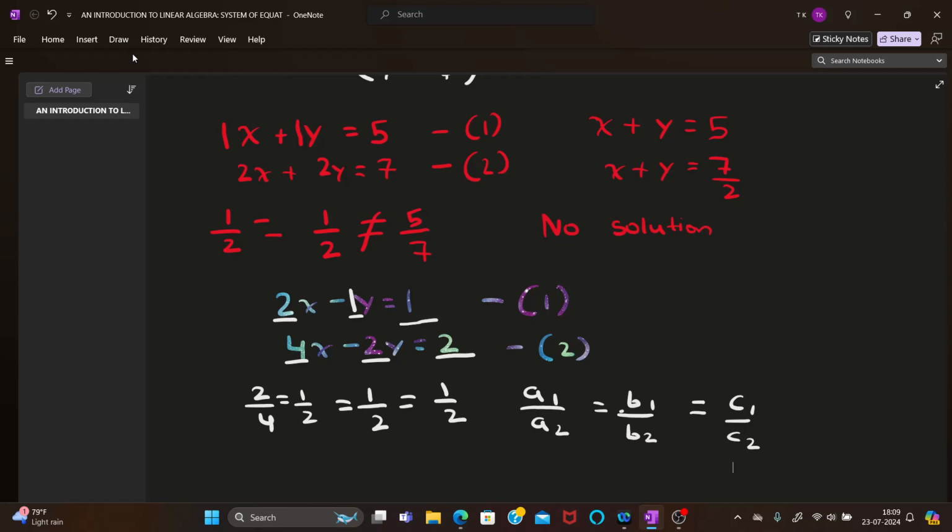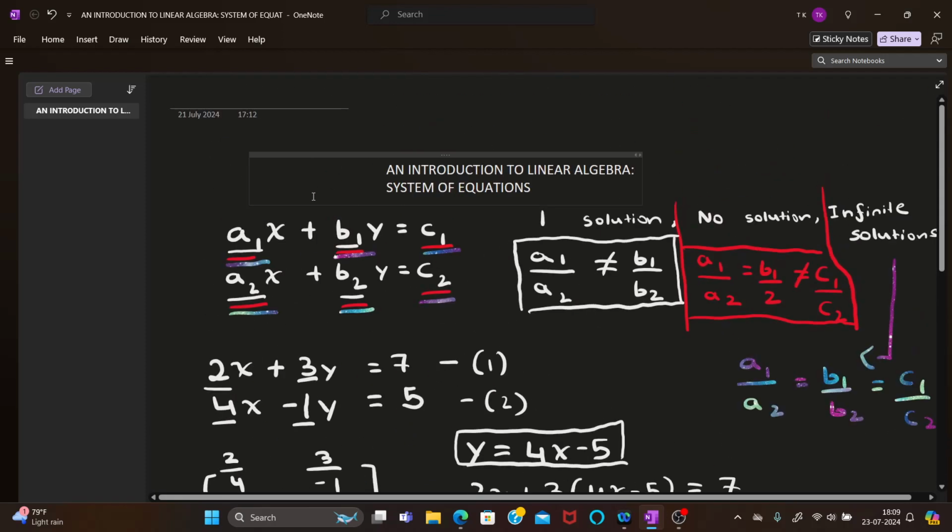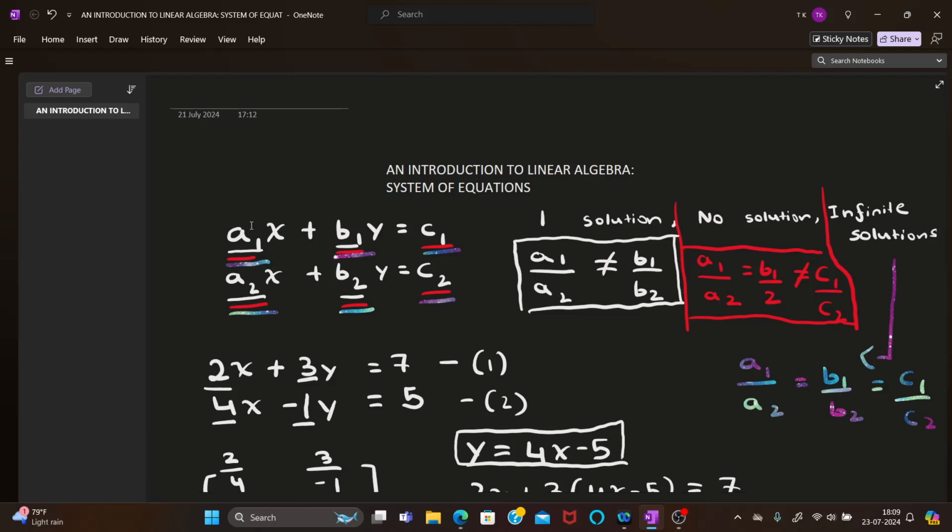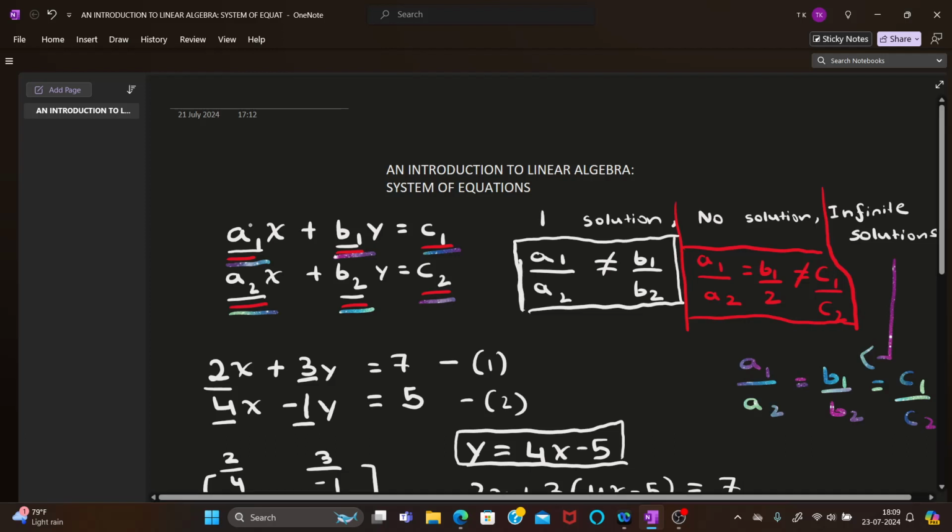So let's recap what we did today. When we have a system of a1x plus b1y is equal to c1, and a2x plus b2y is equal to c2, you have one solution when a1 over a2 is not equal to b1 over b2. So that is when you have one solution.